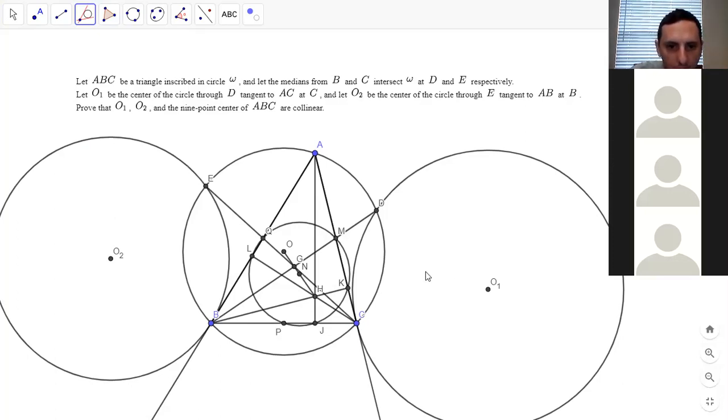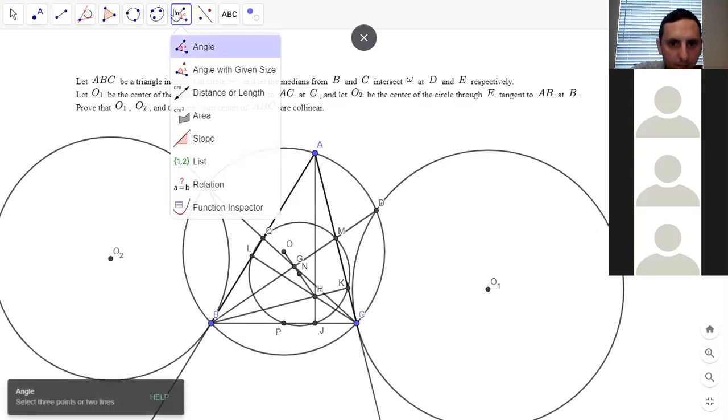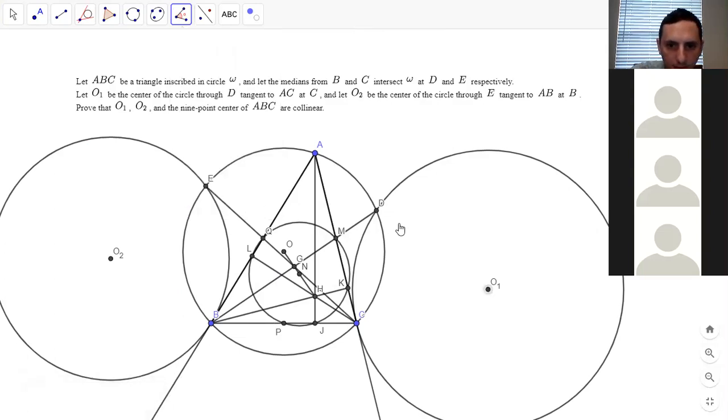I wonder if ECB is similar to O1AH. Let's see. I have to measure it in the right direction. Oh, that's 52.51. No. But do those add up? No. It's not gonna work.